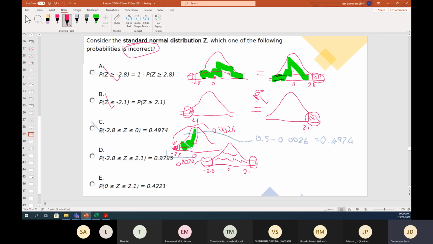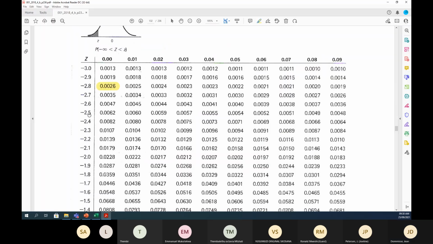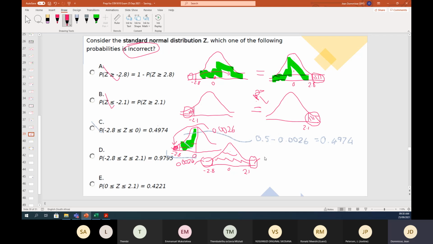To get that small area, I would have gone to the negative table again and looked at 2.1, and my 2.1 would have been 0.0179, sorry, I said 78 but I think it's 79.